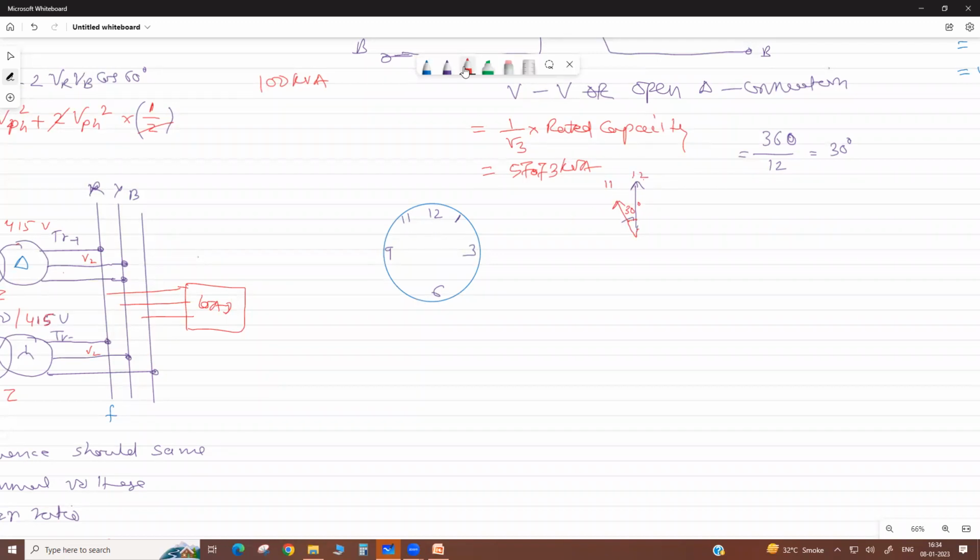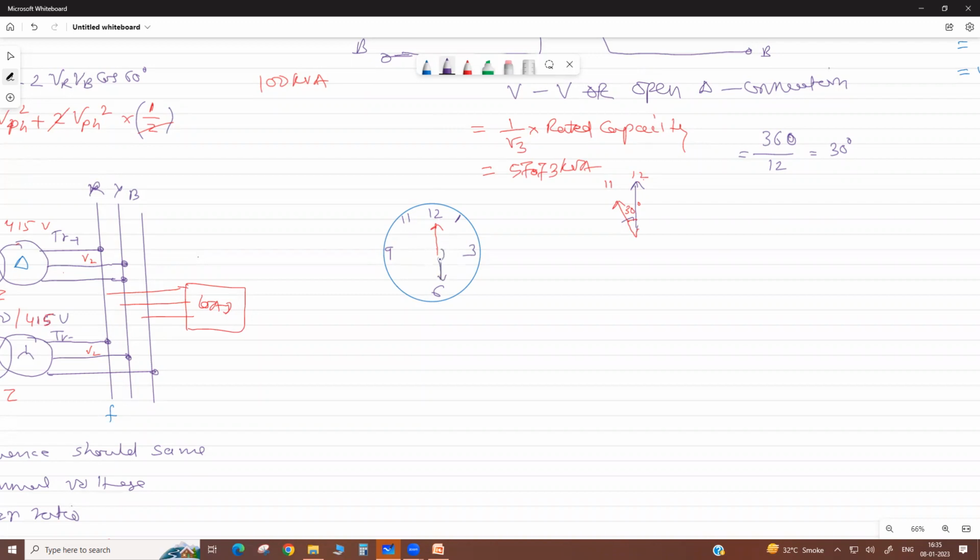Suppose this is the minute hand, and the hour hand is at 6 o'clock, then it makes 180 degrees.